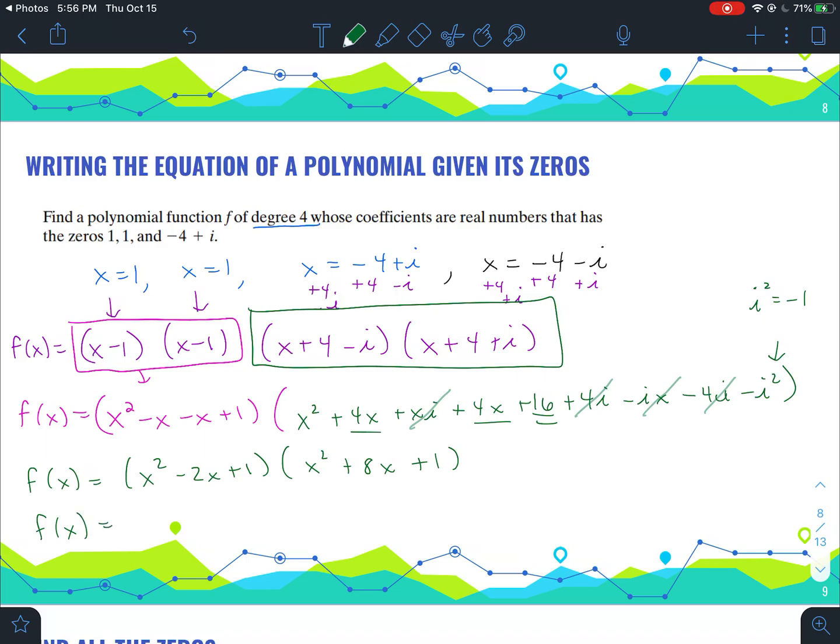And if I wanted to go really far and get it all the way down, I could multiply these out. And I would get x to the 4th plus 8x cubed plus x squared, and then minus 2x cubed minus 16x squared minus 2x, and then plus x squared plus 8x plus 1. And if I simplify all the way down, I get x to the 4th, 8x cubed minus 2x cubed would be 6x cubed.